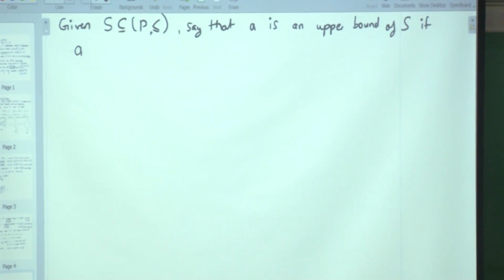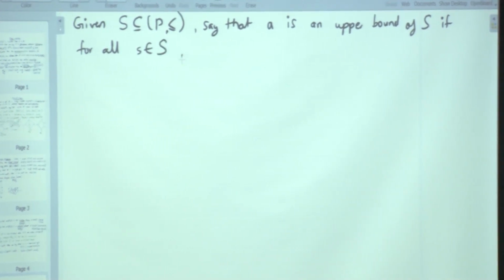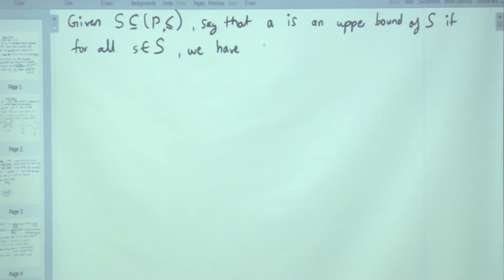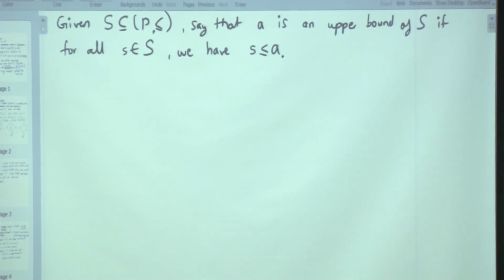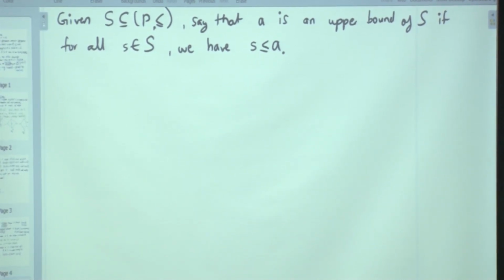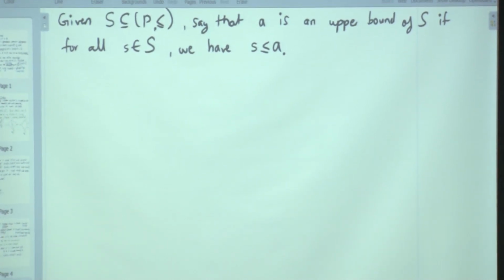Given S subset of P, say that A is an upper bound of S if for all little s in S, we have s less equal A. So we are not talking about just an upper bound of an element.